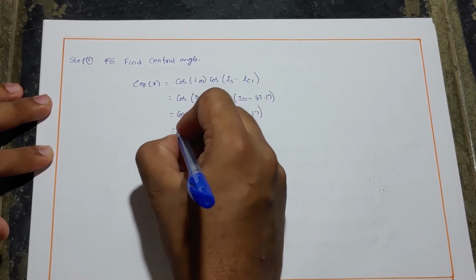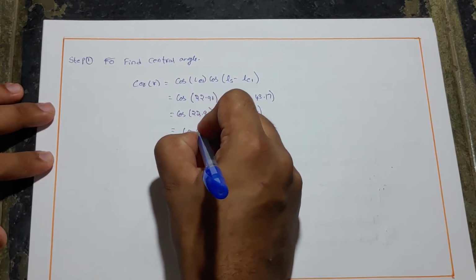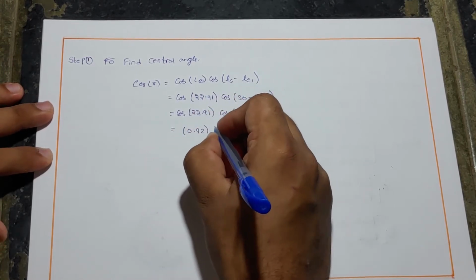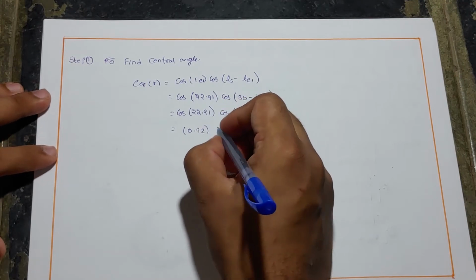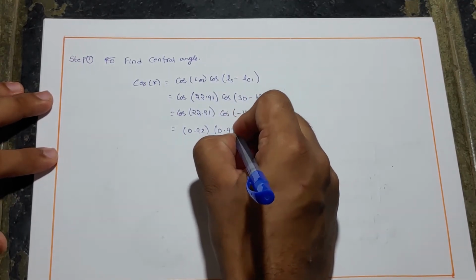We know that cos of minus theta is equal to cos theta, so cos of 22.91 gives 0.92, and cos of minus 13.17 gives 0.97.